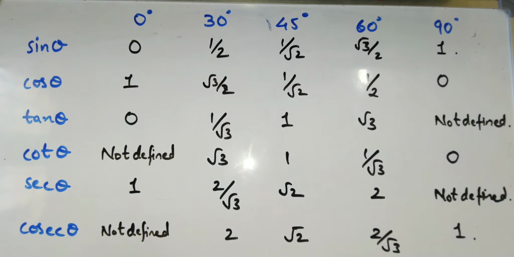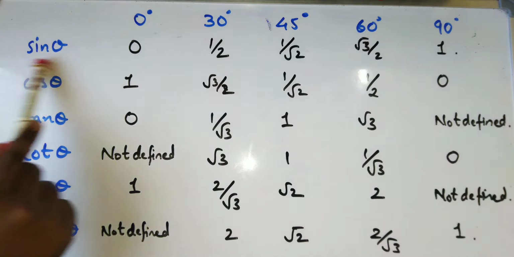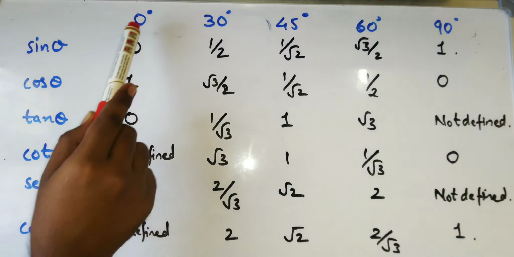So here you can see one tabular column. In this we are discussing the values of the trigonometric ratios. Here we have the functions sin theta, cos theta, tan theta, cot theta, secant theta, cosecant theta, and here we have the degrees.